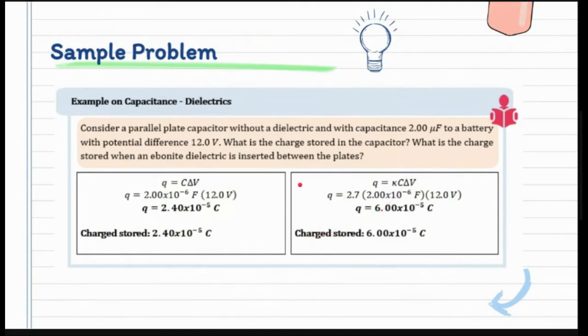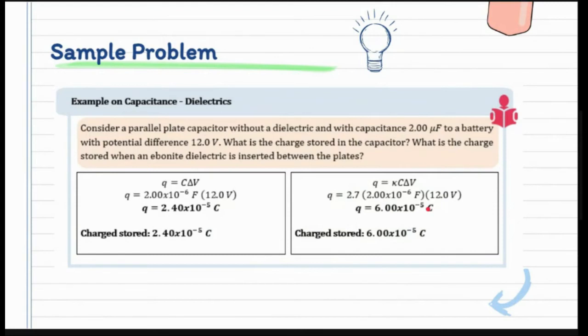So it only shows that the dielectric material increases the capacitance, or increases the amount of electric charge stored in our conducting plates, having a constant capacitance.